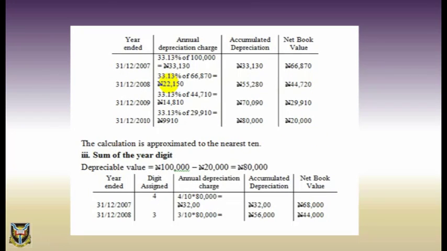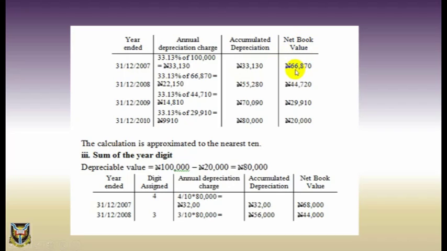Year ended 31st/12/2007. Annual depreciation charge: 33.13% of 100,000 is equal to 33,130 naira. Accumulated depreciation 33,130 naira.